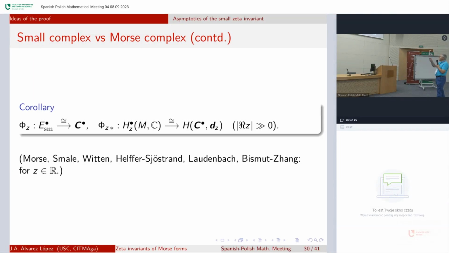And so now for large enough real part of the parameter, we have an isomorphism. This integration defines an isomorphism between the small subspace and the Morse complex. And in cohomology, we get an isomorphism also in the real part. For real parameter, this was already known.